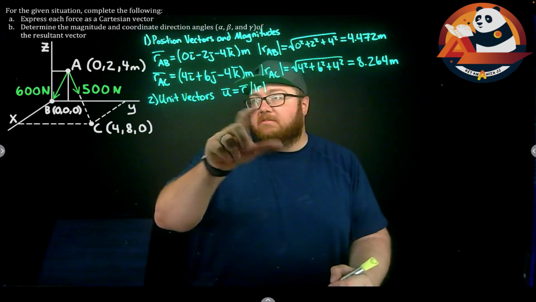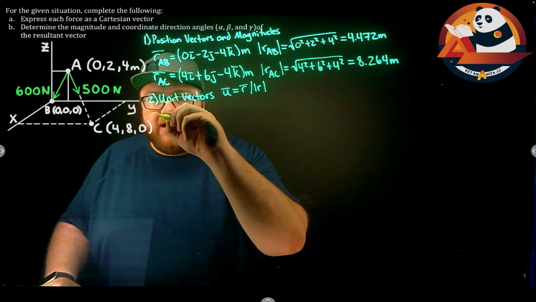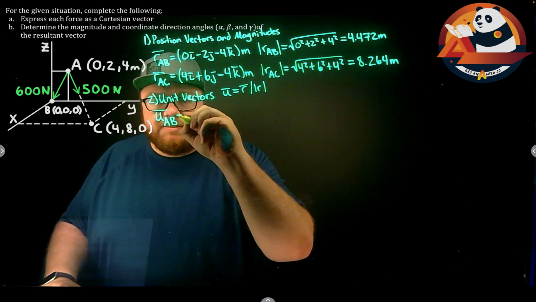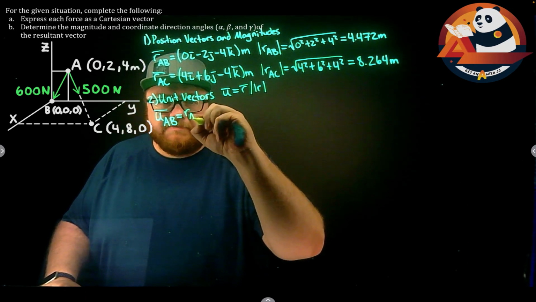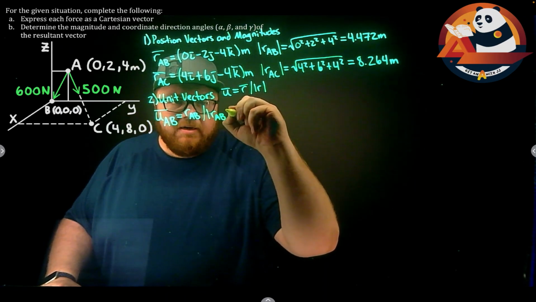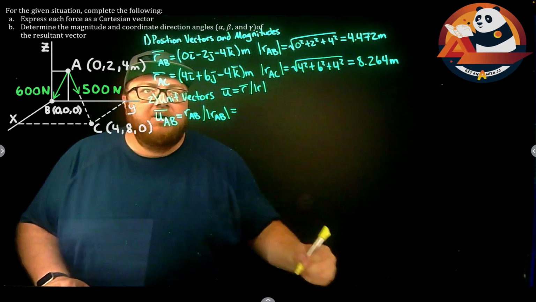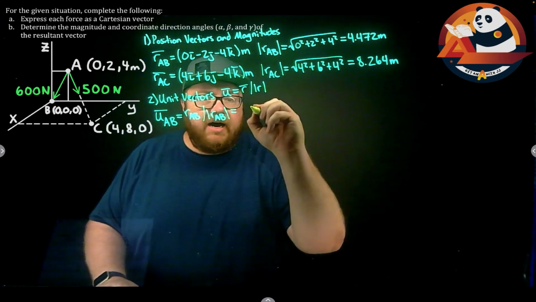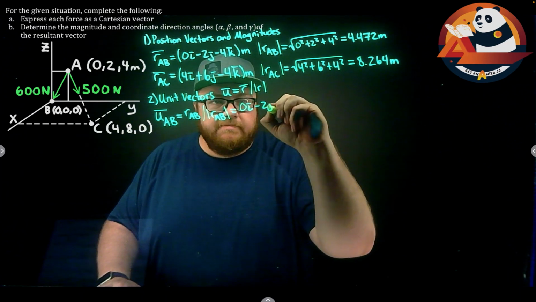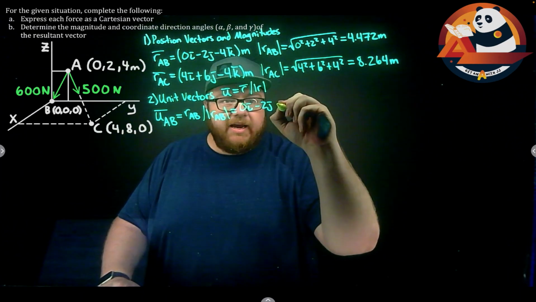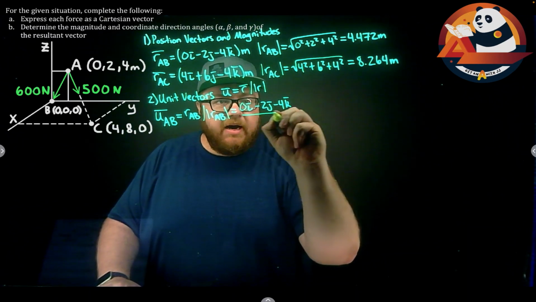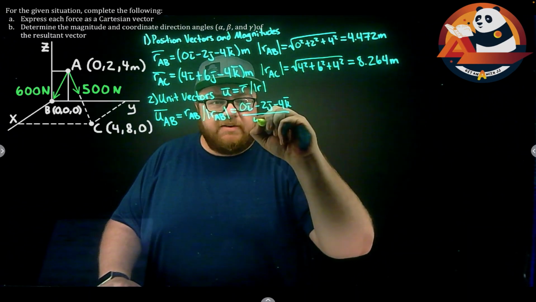My UAB, following that form, would be my position vector RAB divided by the magnitude of RAB. This is 0I minus 2J minus 4K divided by the magnitude, 4.472.